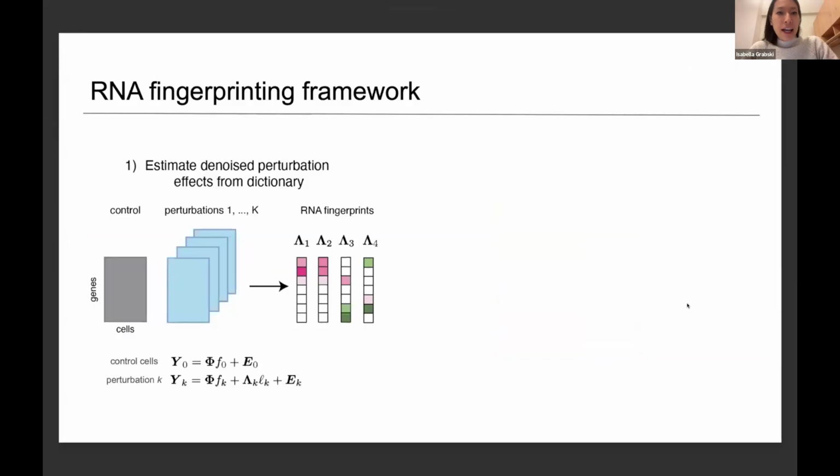We address these challenges in our approach through a two-part statistical framework. First, we estimate these denoised perturbation effects, or RNA fingerprints, for every reference perturbation in the dictionary by using this multi-condition latent factor model. In particular, we model the expression of cells receiving each perturbation as arising from two main sources.